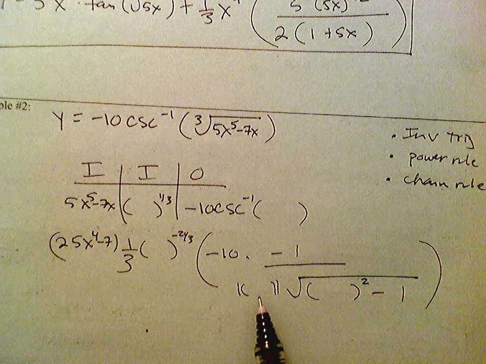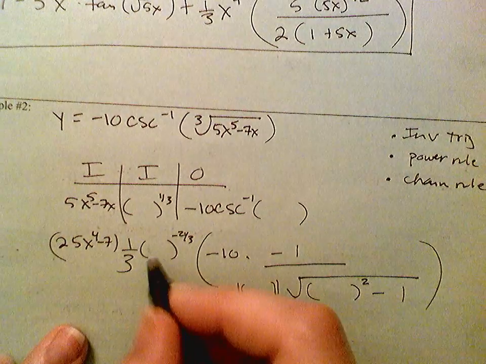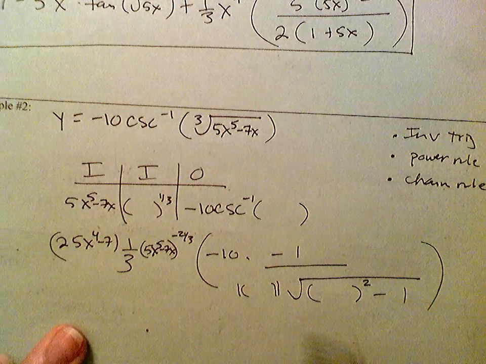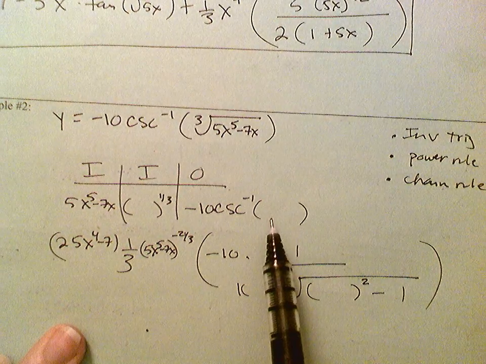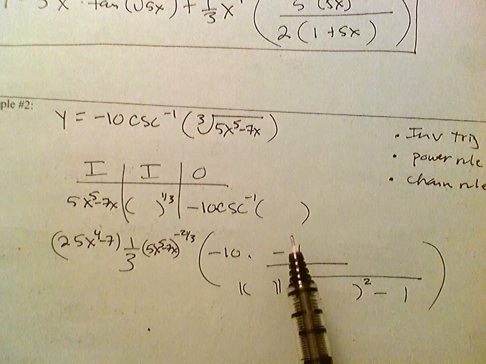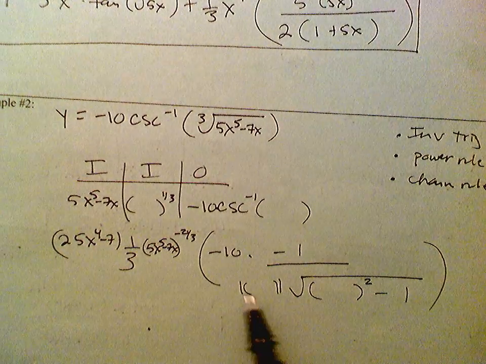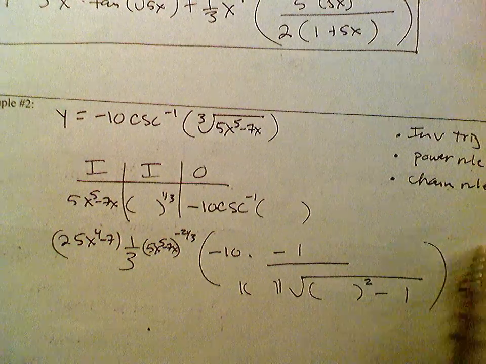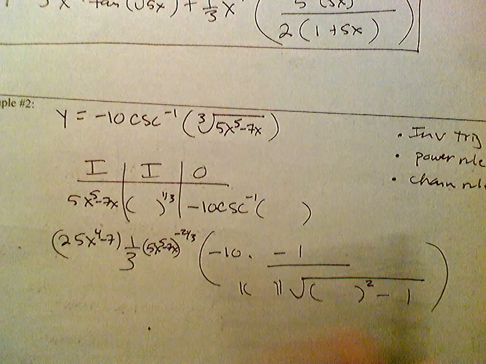So, what goes back into these things? This goes back in there. So 5x to the 5th minus 7x. And then, guys, there's two blanks here. I had one blank before I took the derivative, and now I've got 2, but that doesn't matter. What goes back in is what was in there before.